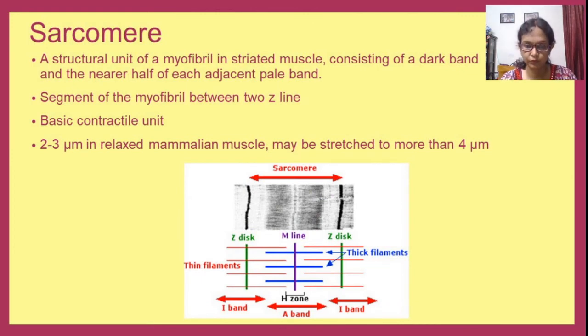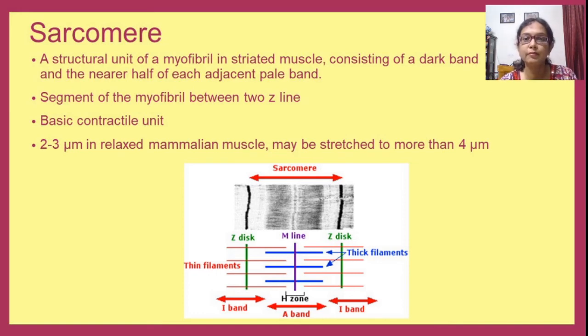When we compare with these kinds of structure, we can aggregate, and this unit of muscle fiber is known as sarcomere. You can prepare your answer by giving these kinds of figures along with some description.